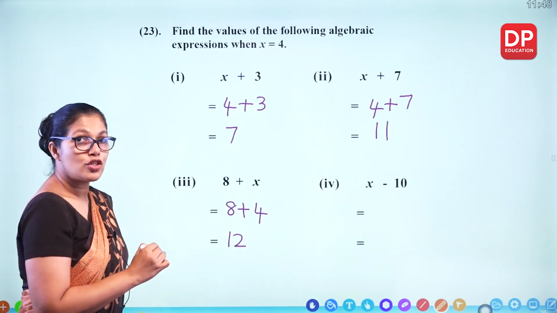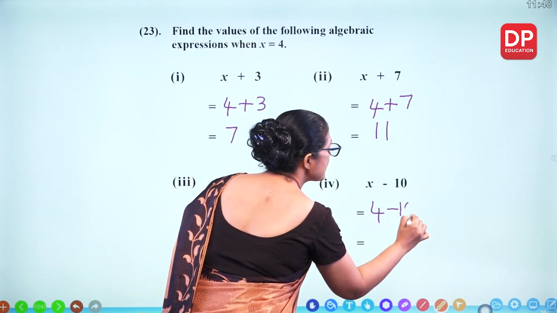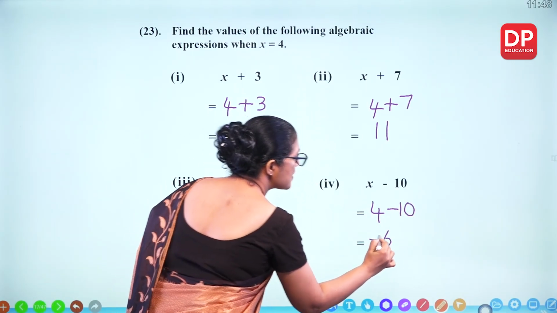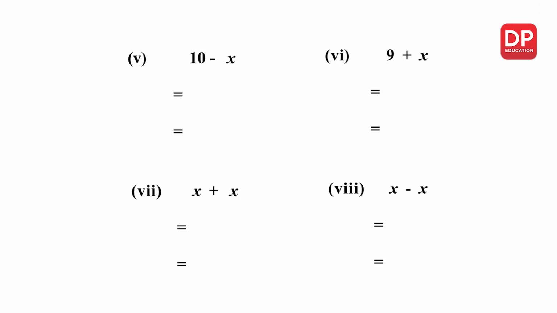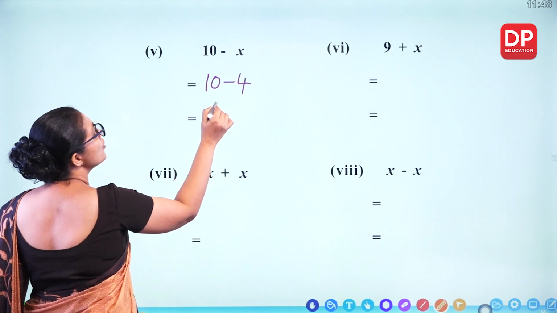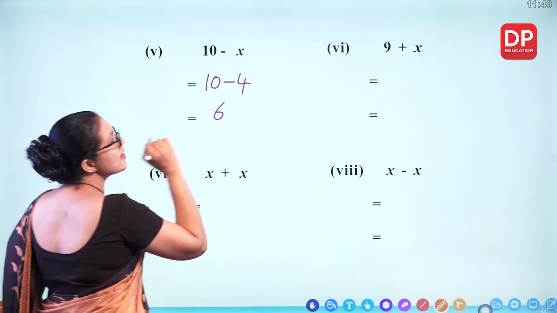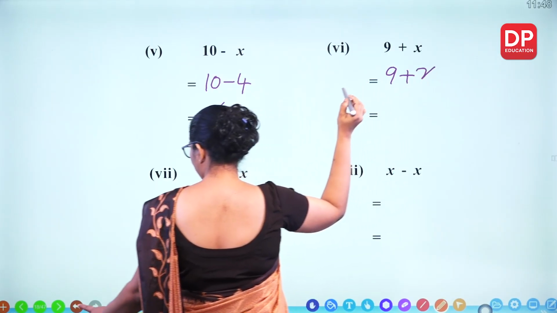You get 12. X is 4. 10 minus 4. You get 6.